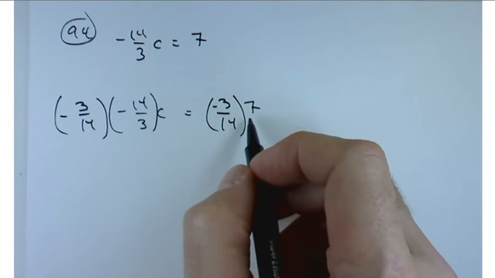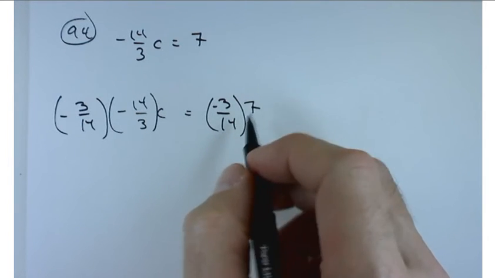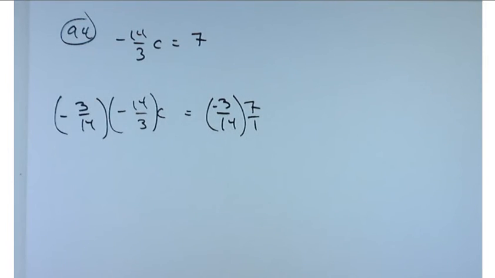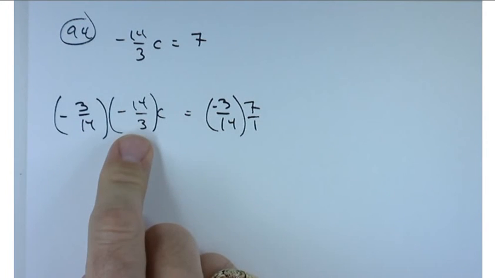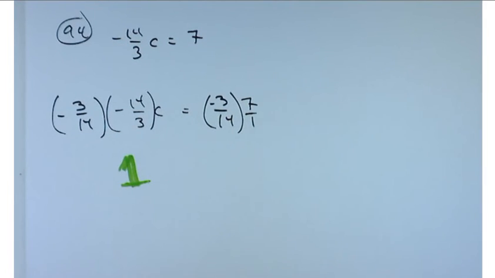Can anyone suggest something I can put on the right-hand side to make this a little easier? Yeah, let's write it over 1. Now on the left-hand side, you get a lot of really nice simplification. What happens when you multiply a number by its reciprocal? What are you going to get? 1.